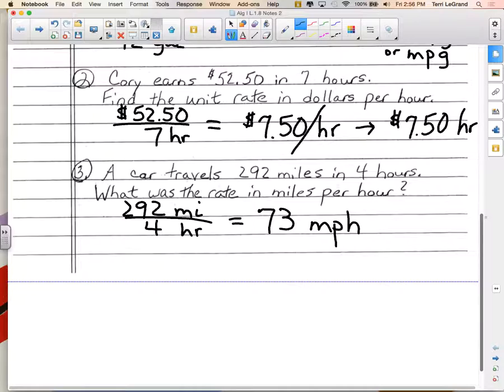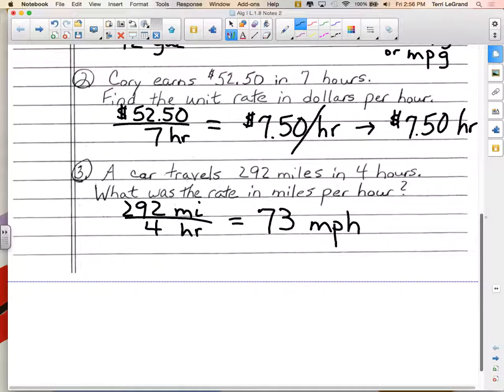Here's what I see students do. I see students take the information given in a problem, and the first number that they give, they put upstairs in the ratio. The second number that they give in the problem, they put downstairs, and they call it good. And then sometimes, here's what also magically happens.